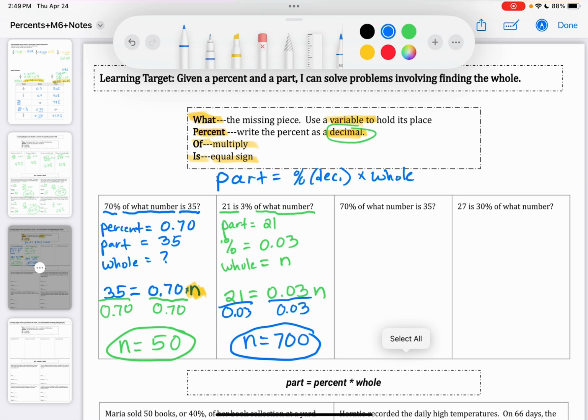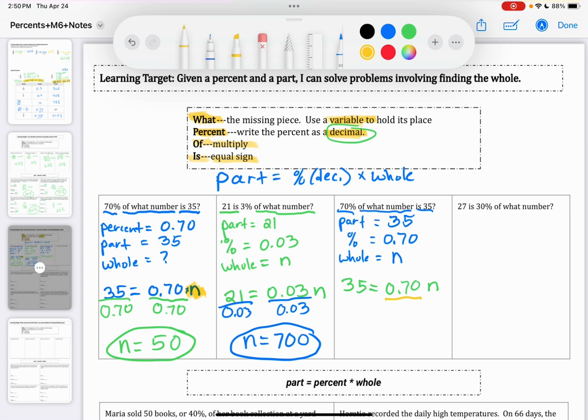All right, the next one. I need to write the part, the percent, and the whole. 70%, well, that's my percent, 0.70. I'm missing my whole because it says of what number is 35. That means 35 is the part. So part 35 equals the percent, 0.70, times the whole that I don't know, which is n.